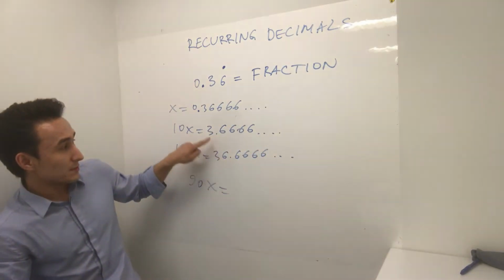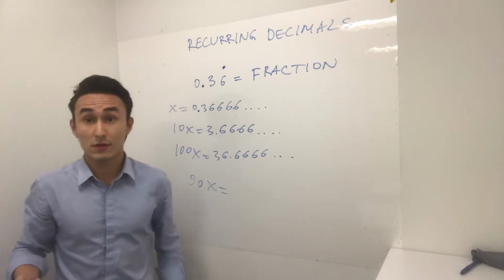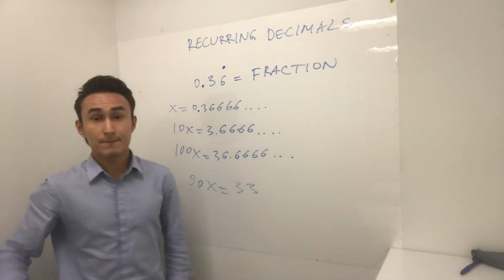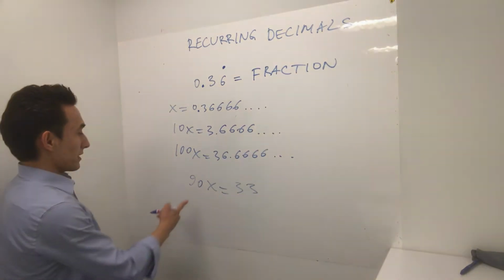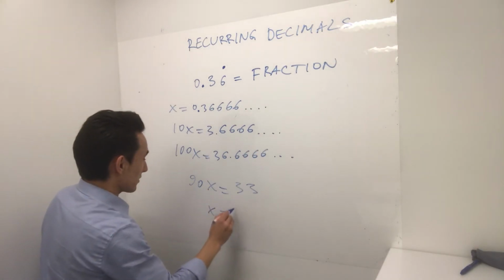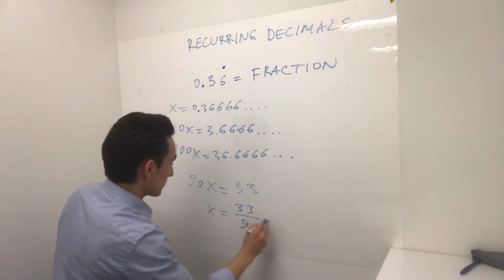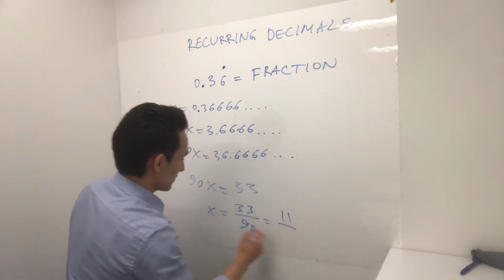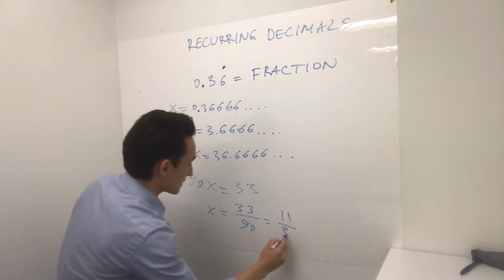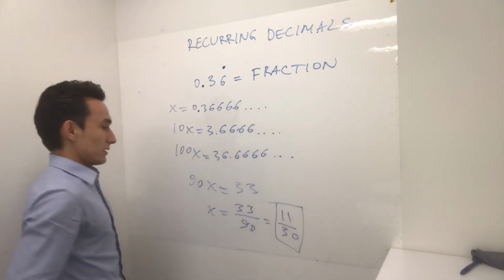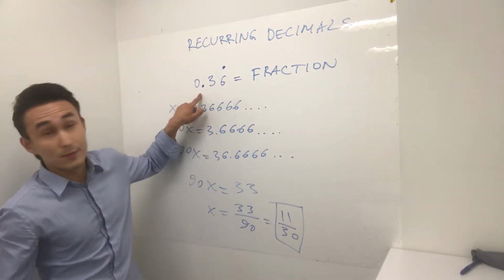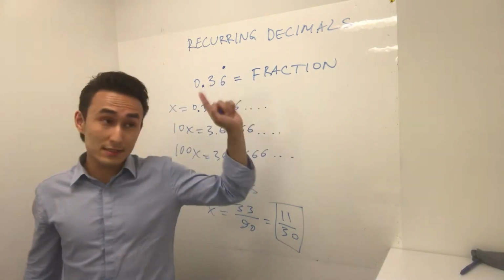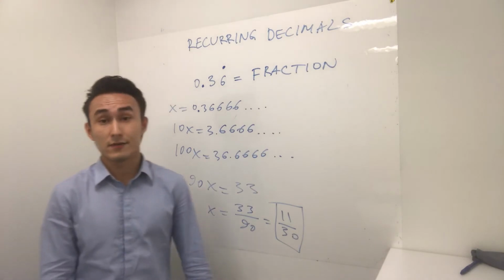So 36 minus 3 is equal to 33. The next step is to divide by 90, so x is equal to 33 over 90, which is equal to, dividing by 3, 11 over 30. So the way we write 0.36666 as a fraction is 11 over 30.